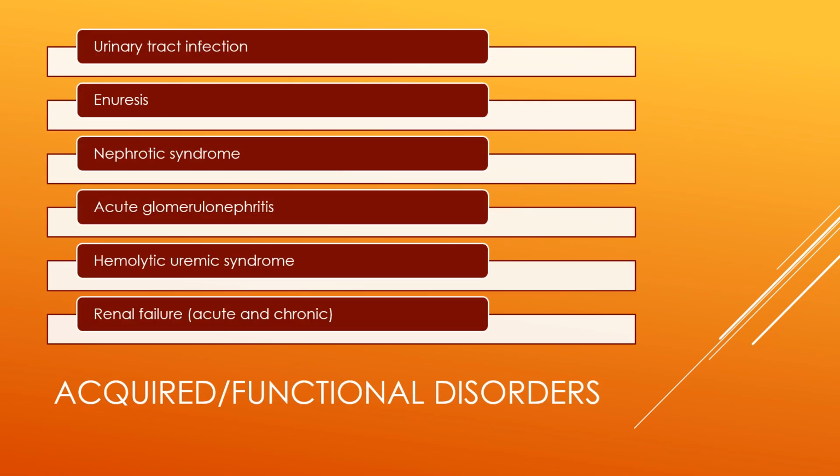As we move into acquired or functional disorders, we can think about urinary tract infections. This most commonly affects the bladder and occurs most often because of bacteria ascending to the bladder via the urethra. Enuresis is continued incontinence of urine past the age of toilet training.